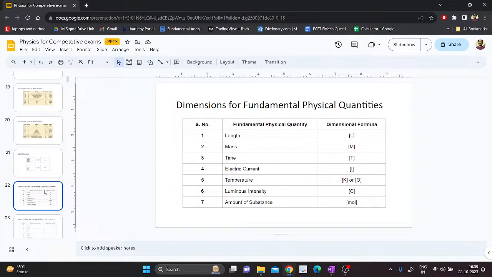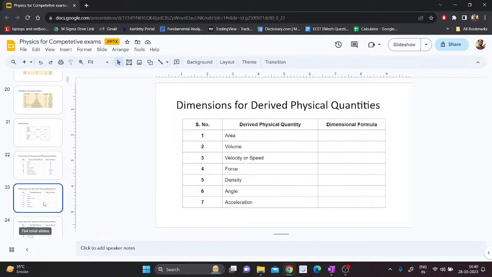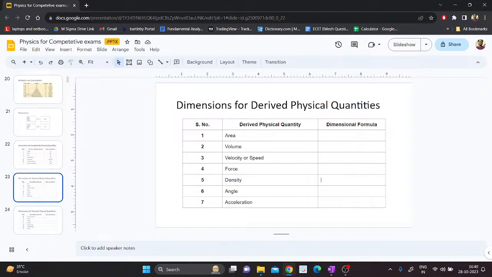Length is given dimensional formula L, mass is given M, time is given T, electric current is given I, temperature is given K or theta, luminous intensity is given C, its unit is candela, and amount of substance is given as mole. Okay, clear? So using these you can easily write the dimensional formula for derived physical quantities.